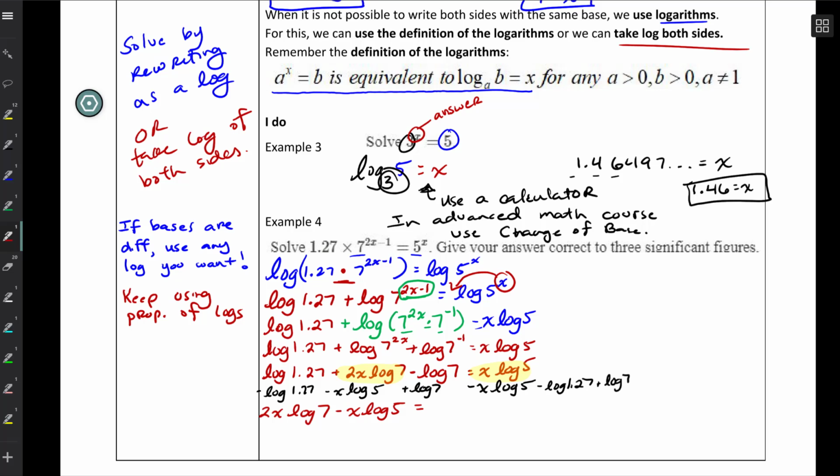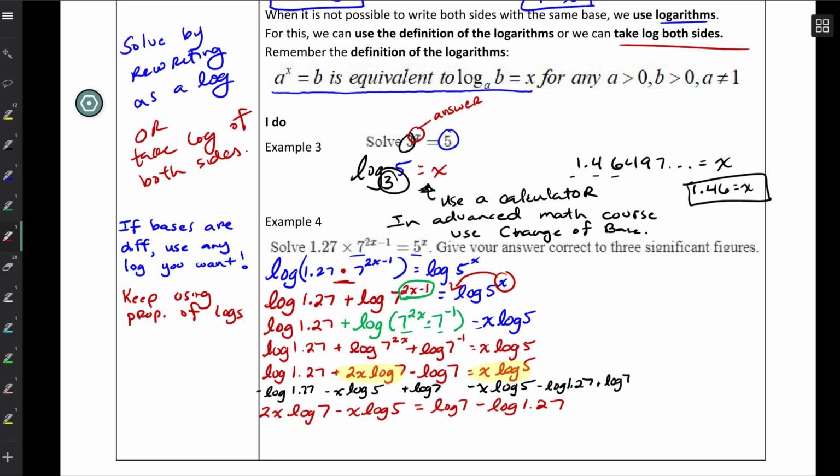Then we end up with, on the right-hand side, what did we move? We have log 7 minus log 1.27. Remember what I said about trying to simplify things. Simplifying in the middle is for suckers. Don't do it. Leave it to the end. It seems like it's more writing, but it's easier to work with, okay?